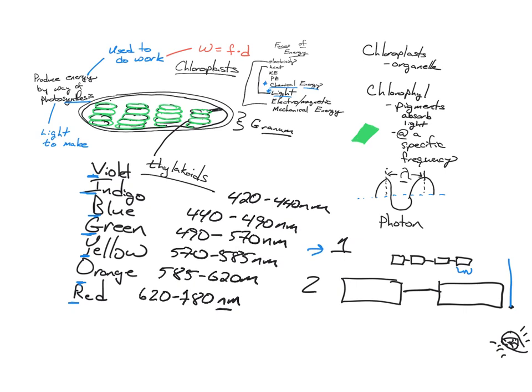And violet's about 400 to 420 nanometers. So what we can see goes all the way from 780 to 400. Anywhere from 400 to 780 are the colors that we see with our eyes. Is that clear?